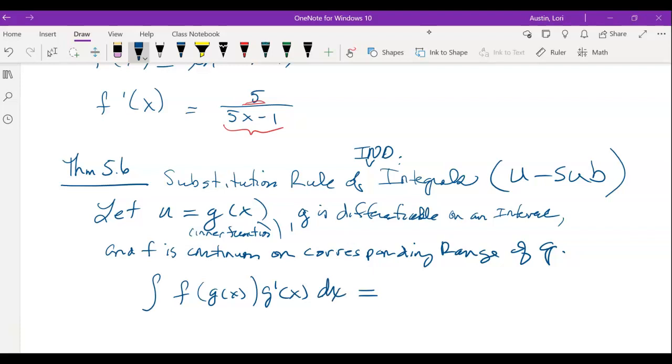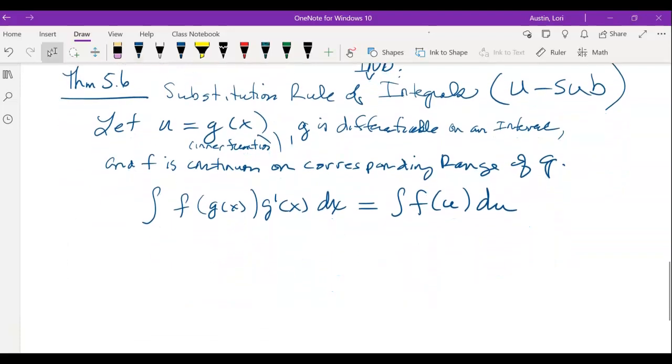That is simply going to be equal to the integral of f of u du. So what we're doing is taking our complex function, creating a simplistic function using u, f of u, and we're just going to integrate that simple function. That's the idea. Okay?